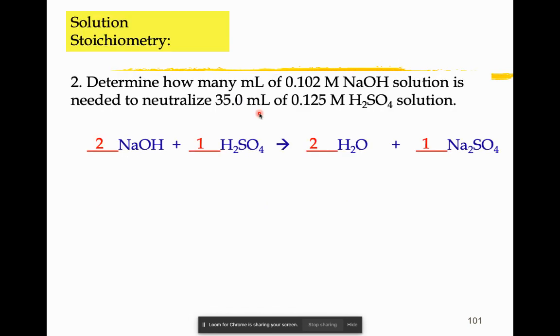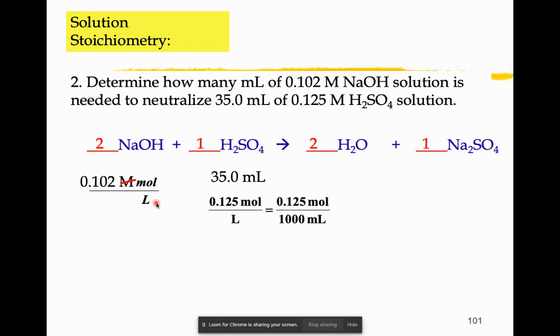After that, we can look for our givens. We have 0.102 molar sodium hydroxide, which we can rename as moles per liter so that our units will be consistent later on. And then we also have 35.0 mL of sulfuric acid.